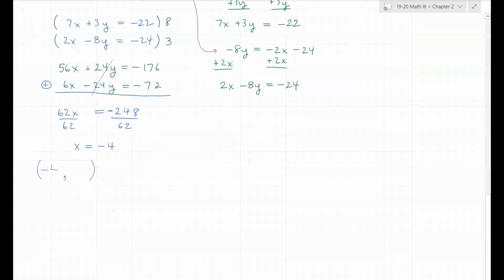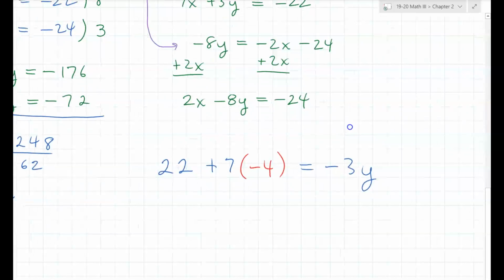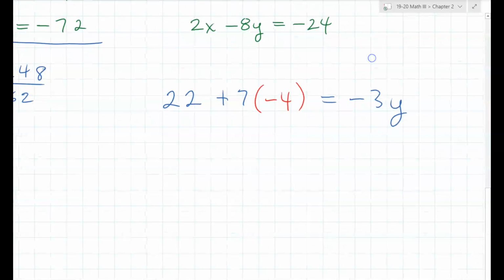Let me plug that in. I think I erased something by accident here. 22 plus 7x. So 22 plus 7 times negative 4 equals negative 3y. I'm zooming out right now because I want to be able to see the equation. Okay, let me zoom in again. All right.